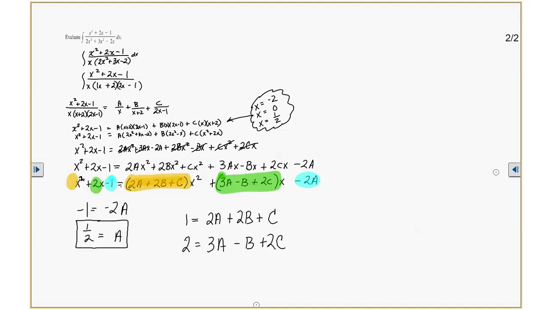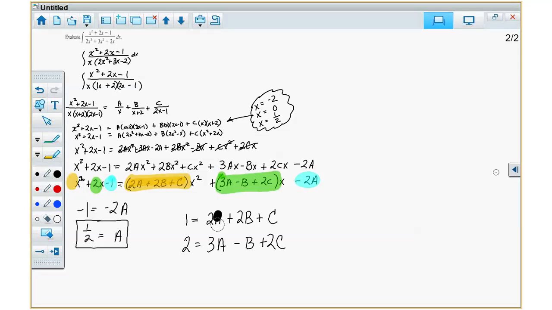If you can't see what I just did, I took my light yellow and my light green and put them right there. Now, plug in that 1/2.